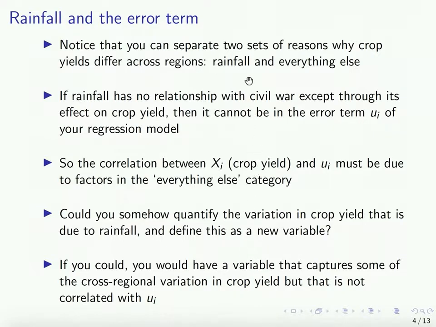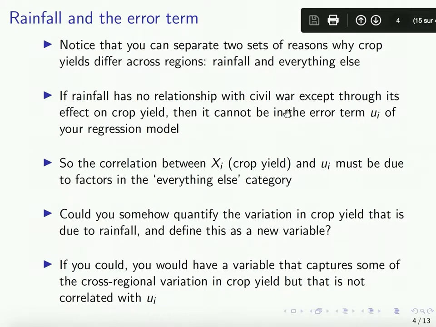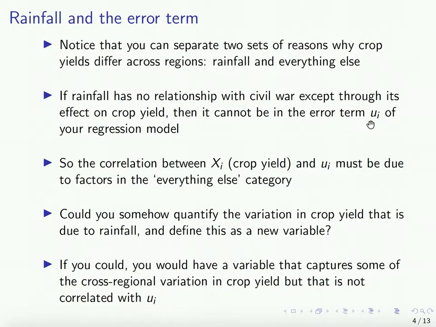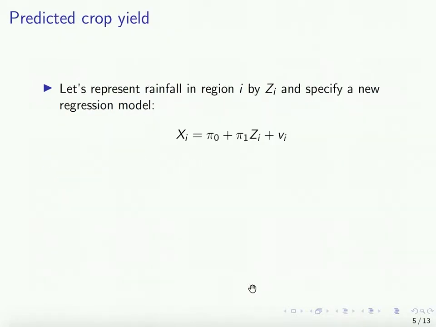Again, if rainfall only has an impact on civil war through crop yield, then it's not in the error term. If we have a variable that is not correlated with the error term, but has an impact on crop yield, then we're going to be in a very good situation, because our expectation of ui conditional on that new variable is going to be 0.